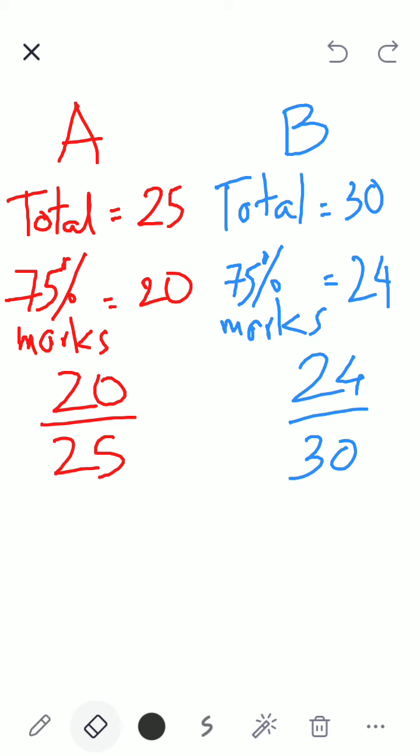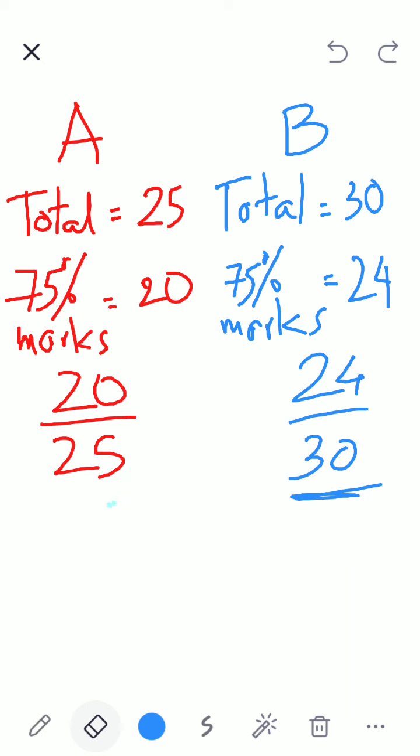Out of how many? Out of 25. So we made this fraction 20 by 25. Okay, correct? It is same with class B also. 24 students got 75% above, but class B strength was 30. I wanted to know which fraction of children in which class got more marks.